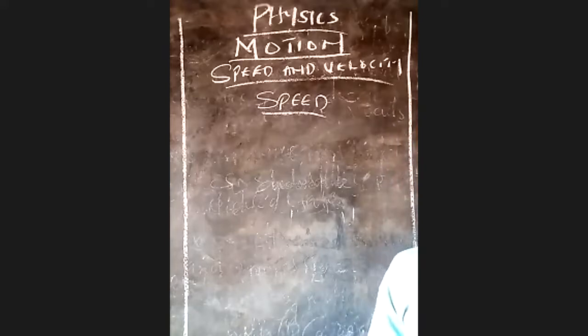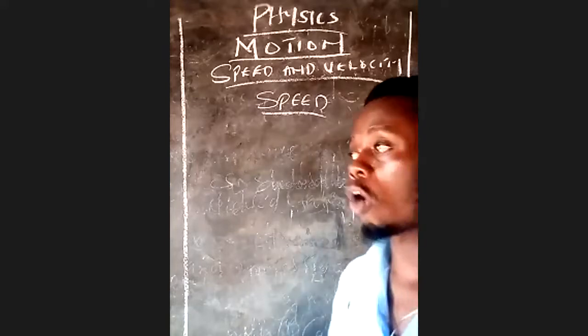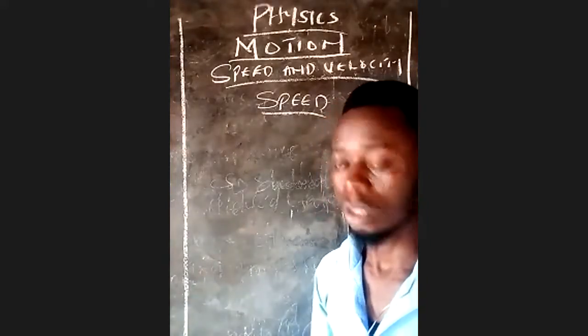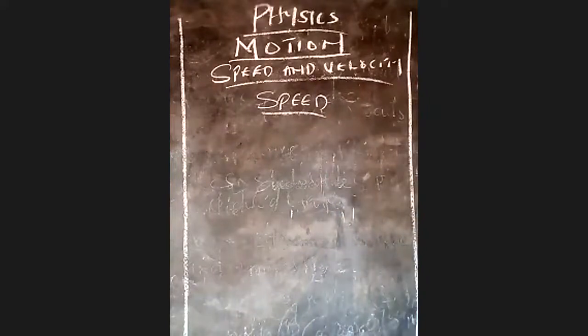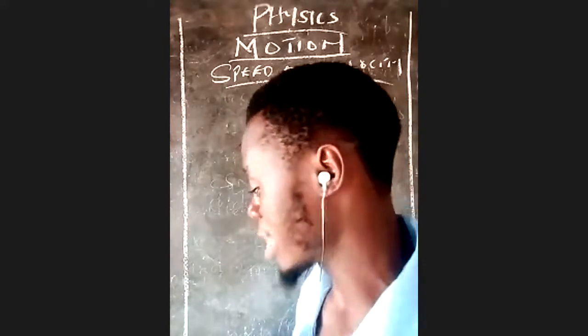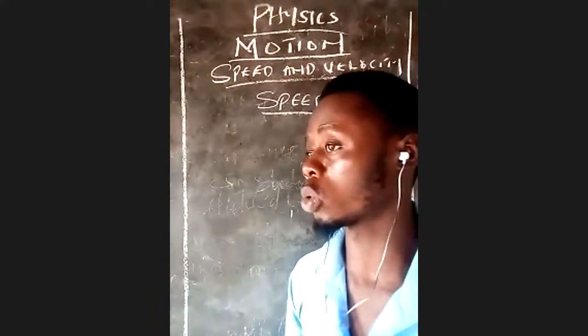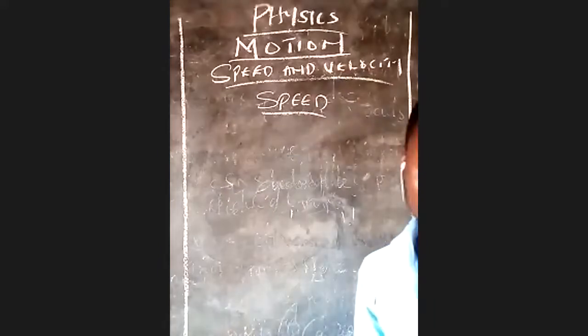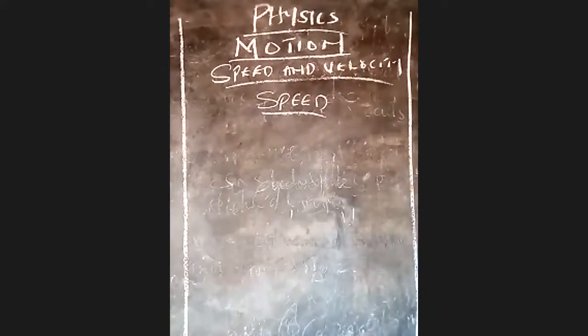In describing the motion of a body, the best thing to note is the distance and the time it takes to cover the distance. When we are dealing with motion, those things are very essential.